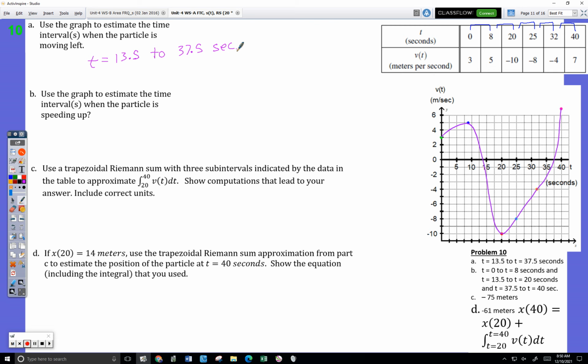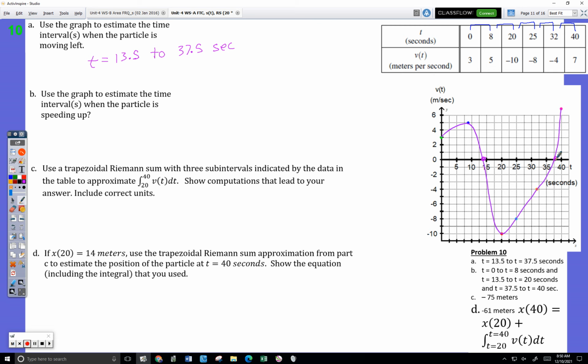What will happen on test 4 is because you're allowed to use your calculator, you'll use the zero calculating ability to precisely identify the times. And that way there's no question. And then t equals 13.5 is the same as 13.5 seconds to 37.5 seconds.